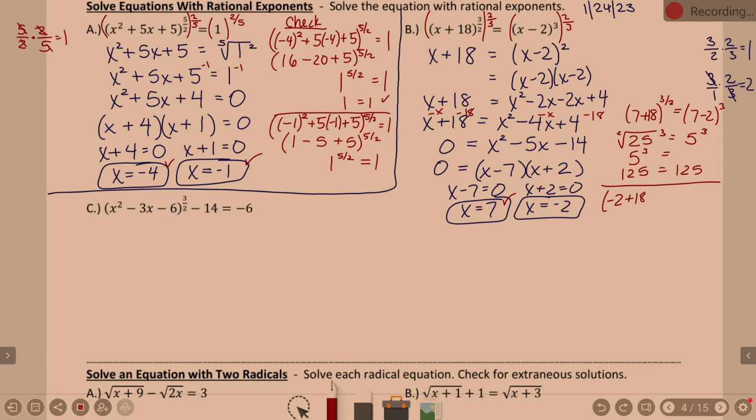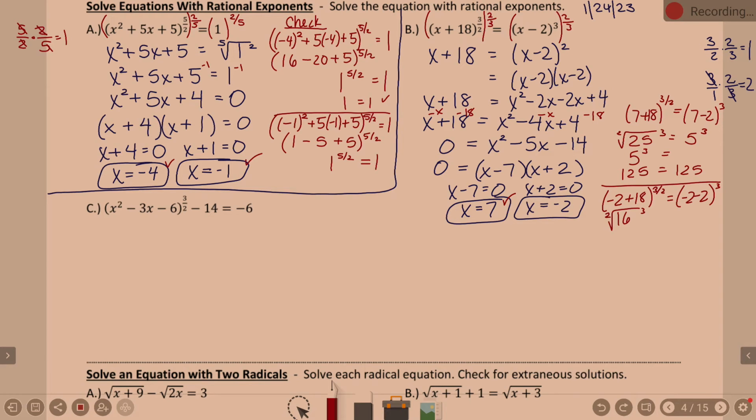Negative 2 plus 18 to the 3/2 equaling negative 2 minus 2 to the third. Negative 2 plus 18 is 16. When we say 16 to the 3/2, that's the square root of 16 raised to the third.